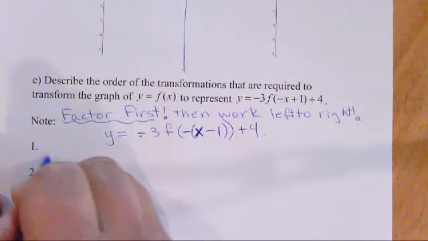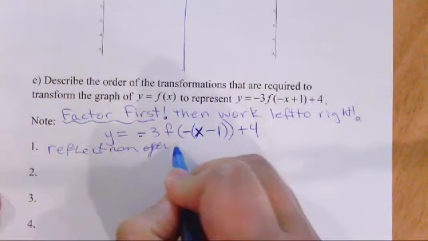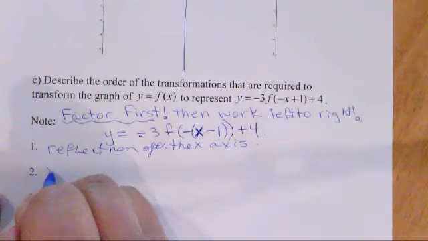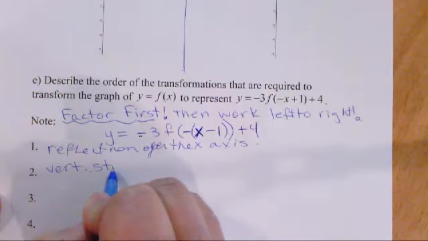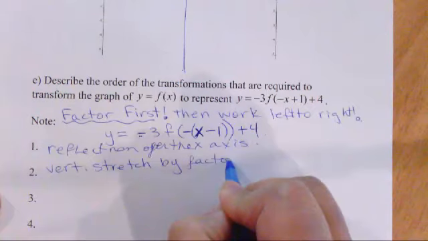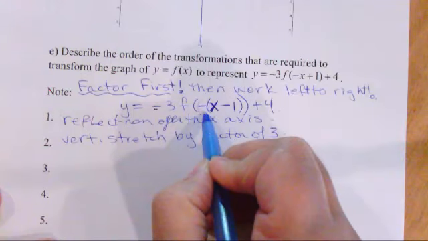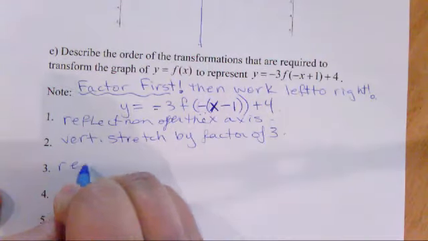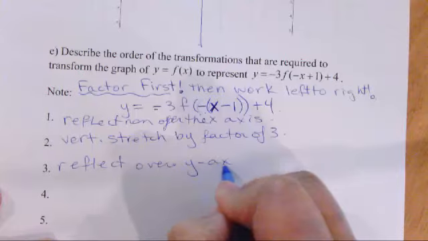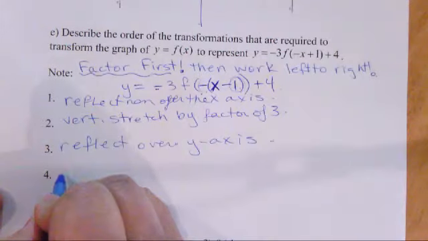Okay, so this negative is a reflection over the x-axis, and it's a vertical stretch by a factor of 3. Okay, then this negative here, this is a reflection over the y-axis. And then we have our h value.